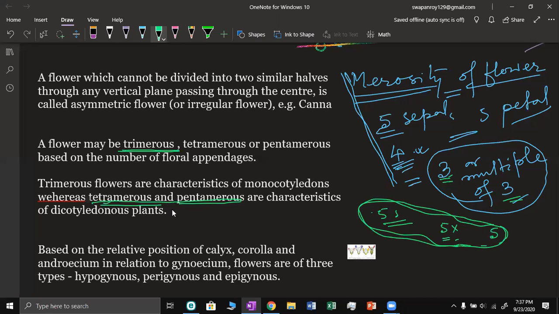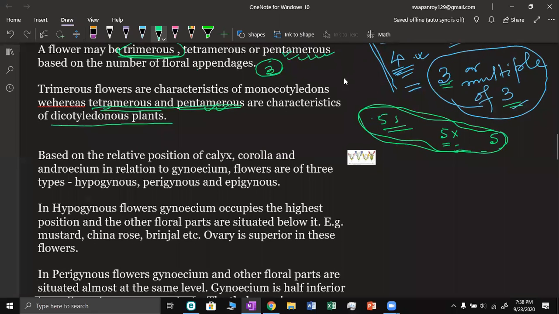Tetramerous and pentamerous flowers are characteristic features of dicotyledonous plants, and the trimerous condition is characteristic of monocot plants. Say in the case of banana, palms, betel nut, orchids, you will find three or multiples of three floral organs. So this is merosity. You have to remember the trimerous, tetramerous and pentamerous flower.